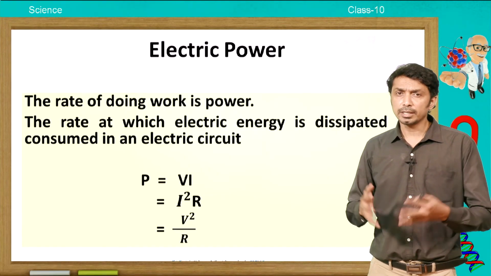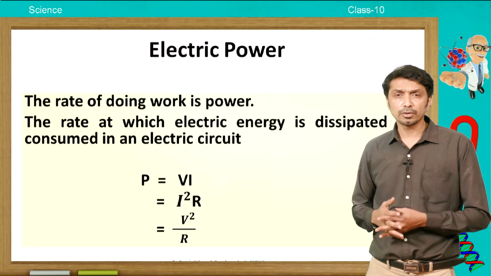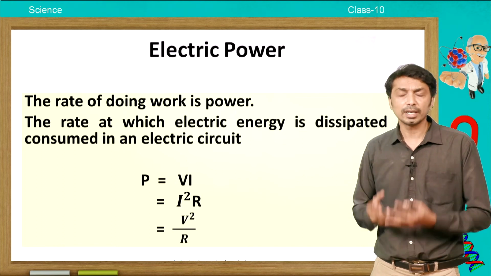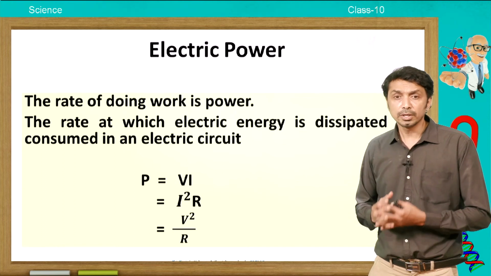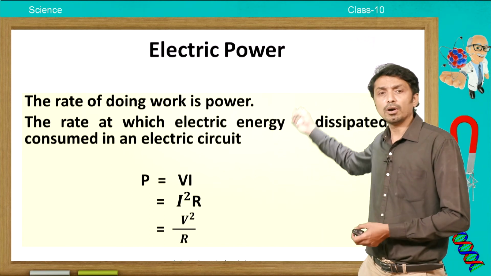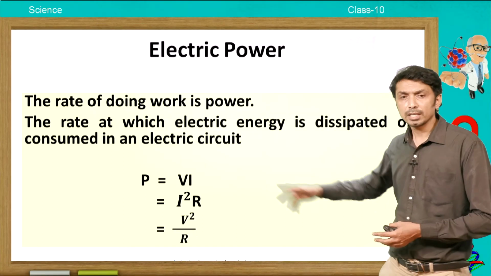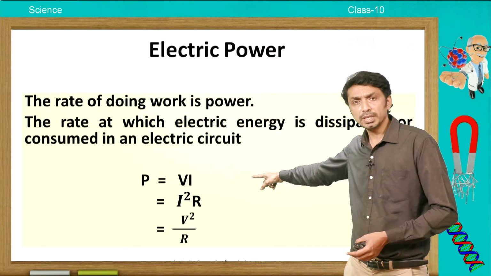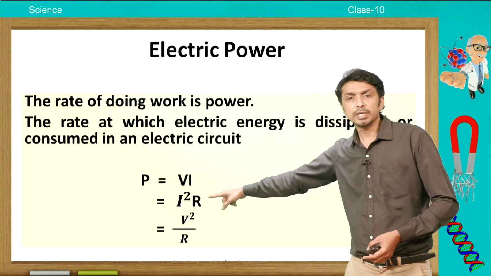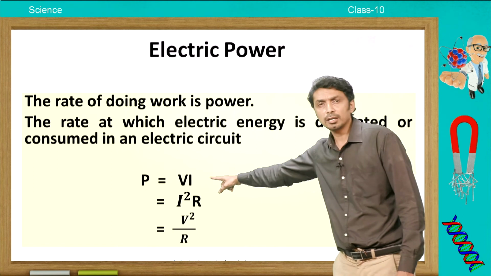Children, earlier you saw electrical power means rate of doing work by making use of electrical energy. So, here the rate at which electrical energy is consumed or dissipated is called electric power. As you can see, P is equal to VI, that is equal to I squared R, since V is IR by Ohm's law.